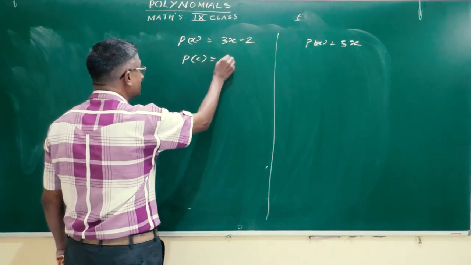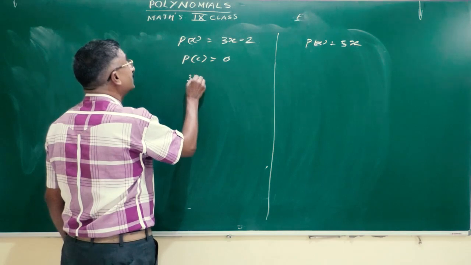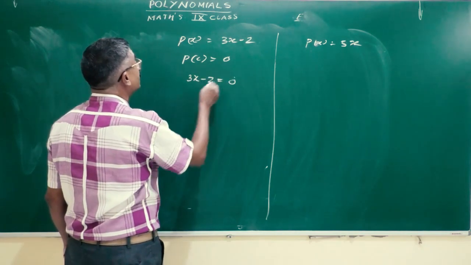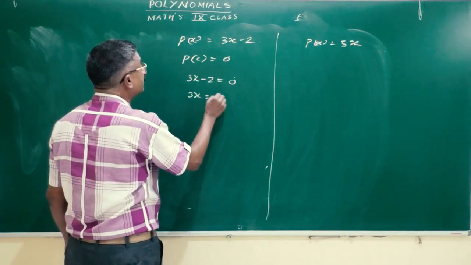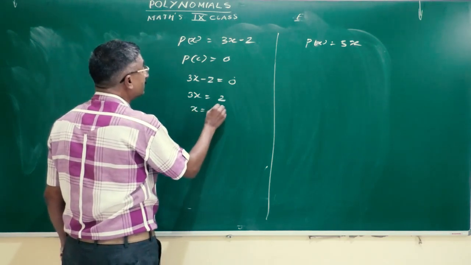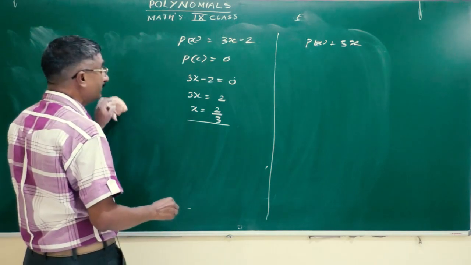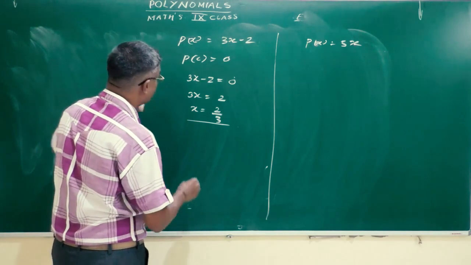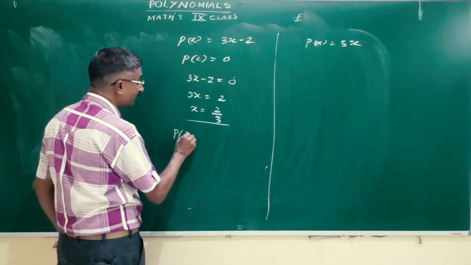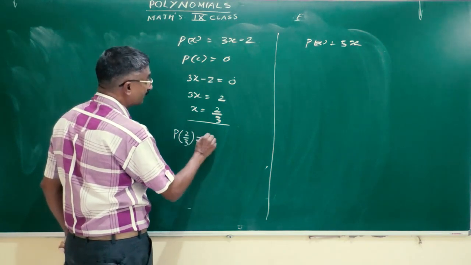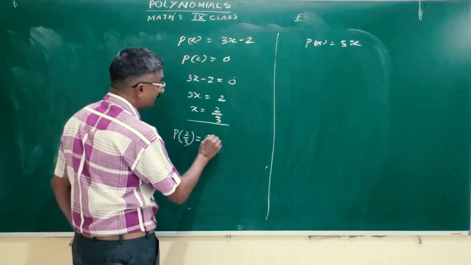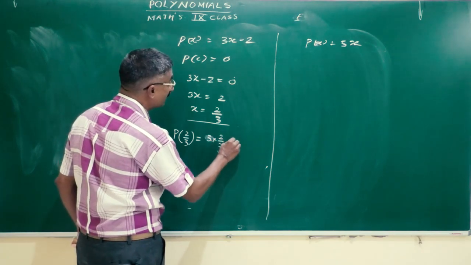So P for any value must be equal to 0. So 3x minus 2 is equal to 0. So 3x is equal to 2. X is equal to 2 by 3. So now we can check here whether we will get the value equal to 0. So P of 2 by 3 is equal to 3 into 2 by 3 minus 2.